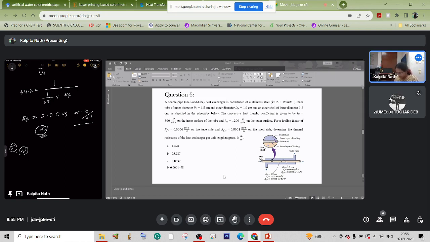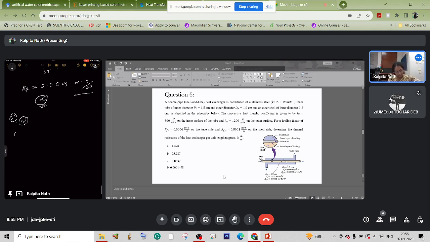Has anyone solved this? I think no one is present. Someone is present there. Tushar is present, still not responding. If the session is not interactive, then it's not worth it.